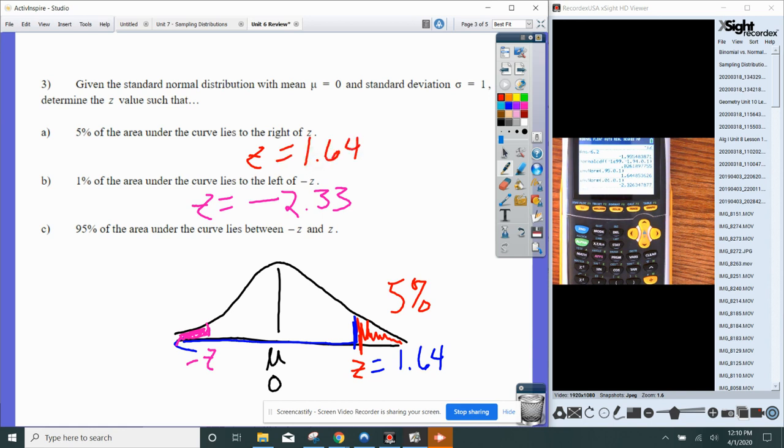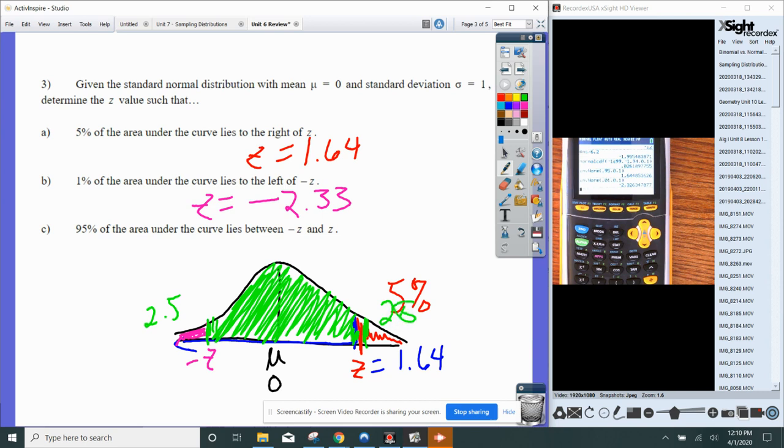Right, now for 95% between these two, I'm going to switch to maybe green here. So that means that there's two z values, a negative z here and a positive z here. 95% of the data is underneath this green part. Now that means we have 2.5% here and 2.5% here.